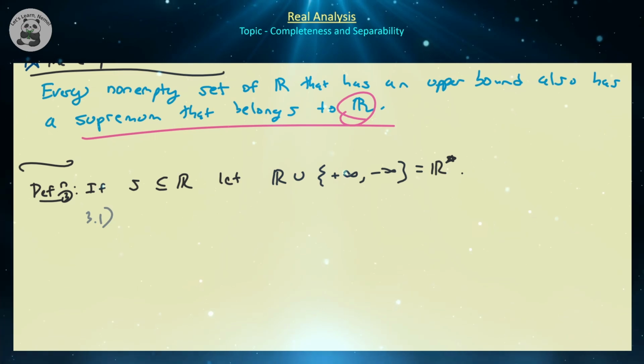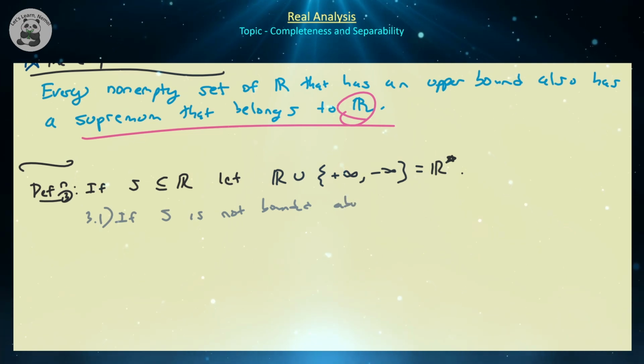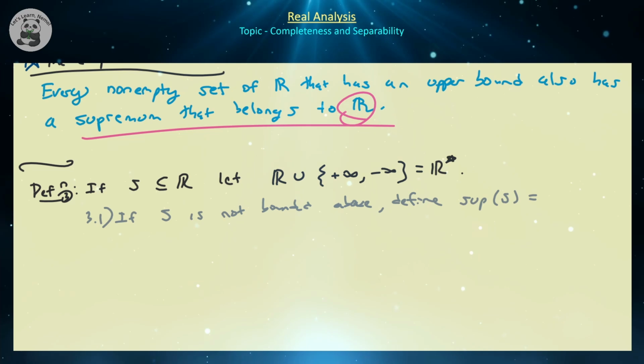Right? So definition 1. If S is not bounded above, does it have a supremum? Well, we're going to define the supremum of this set S to be equal to positive infinity.